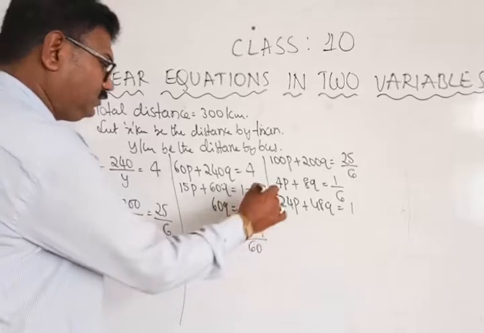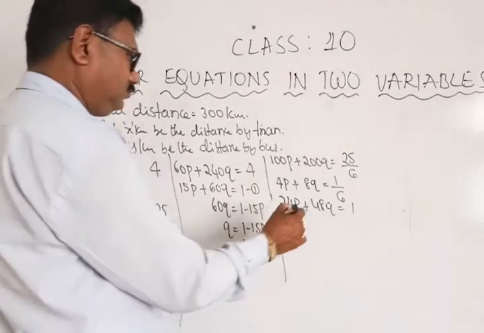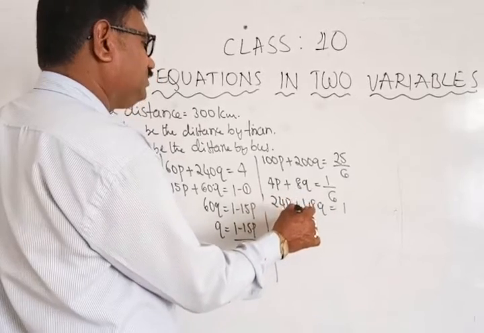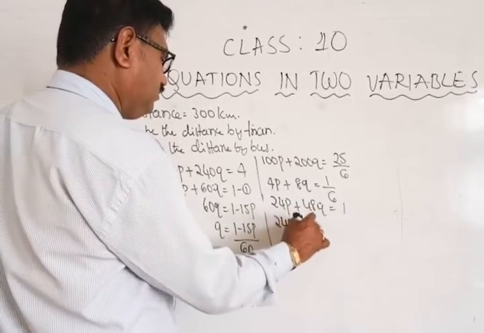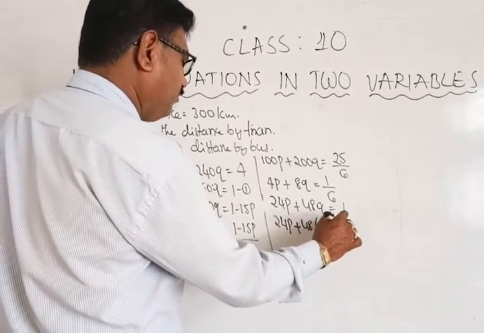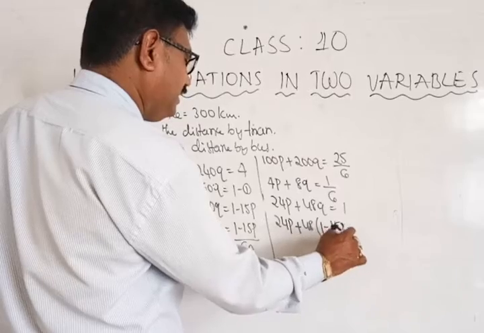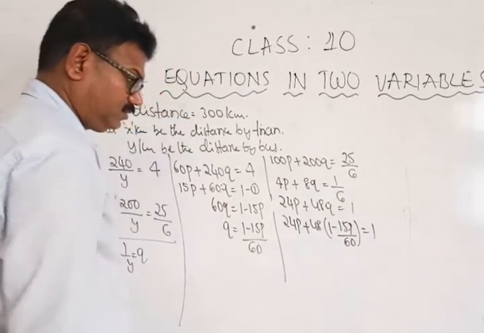Then what happens? 24p plus 48 into (1 minus 15p) divided by 60 equal to 1.